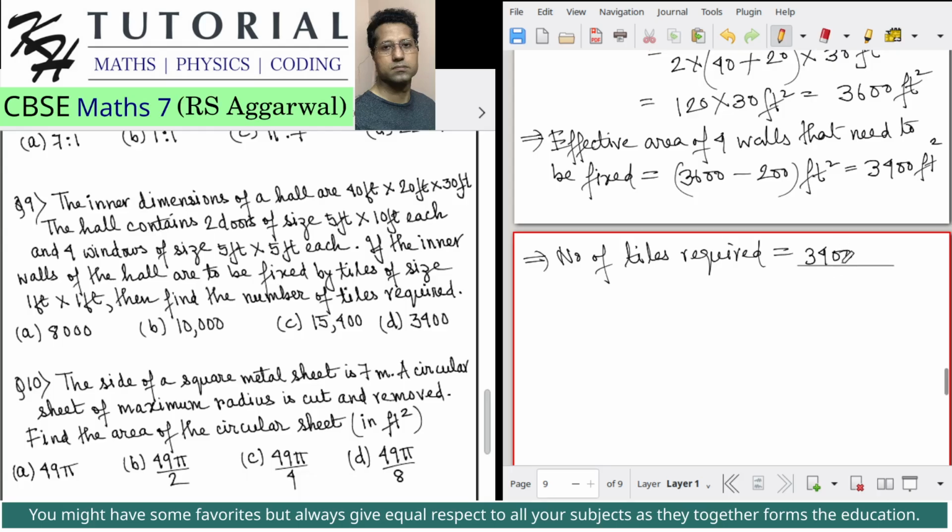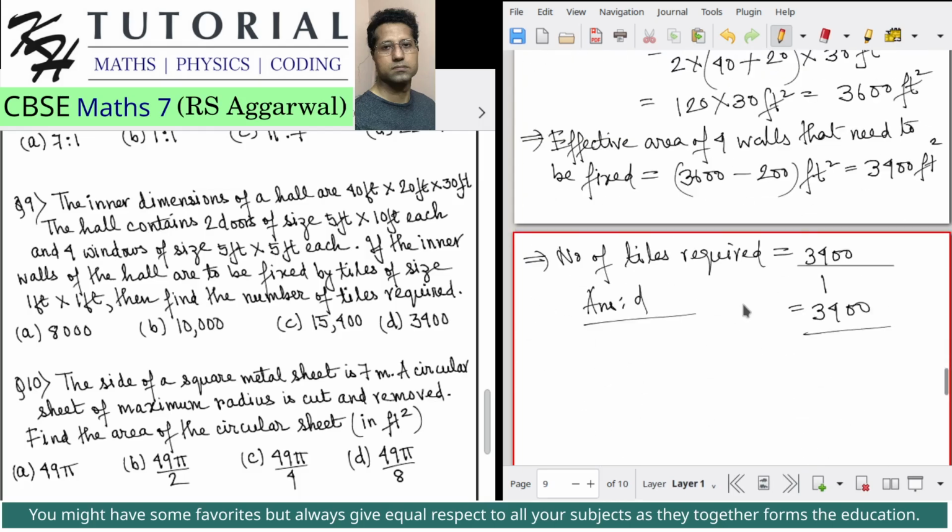The dimension of the tile is 1 feet by 1 feet, so the area is 1 feet square. So this is equal to 3400. So 3400 tiles will be required, and hence the correct choice is D. D is the correct choice.